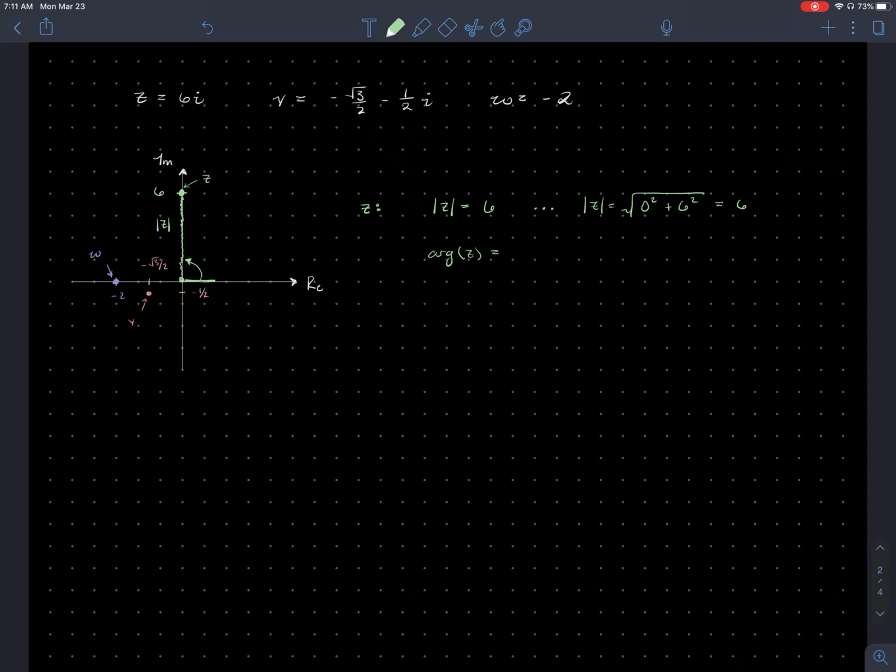And we have our arguments of z. We are going to be at pi halves plus 2k pi. Now again, that's by looking at this, but we can also do this mathematically, or analytically, as well.